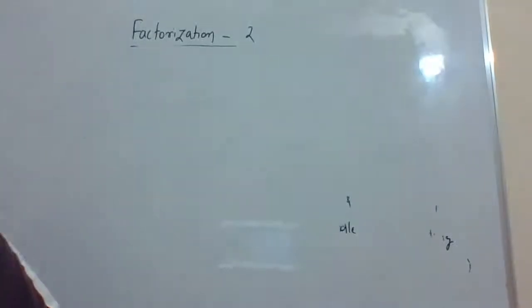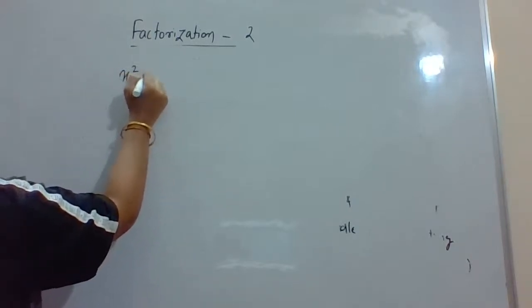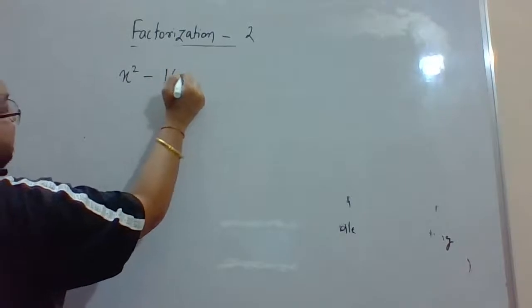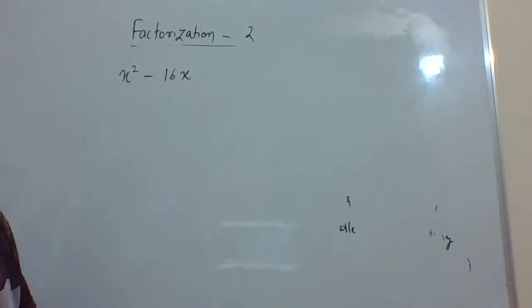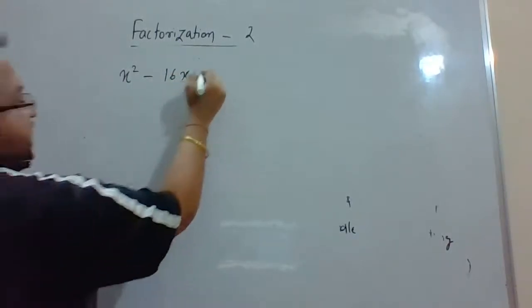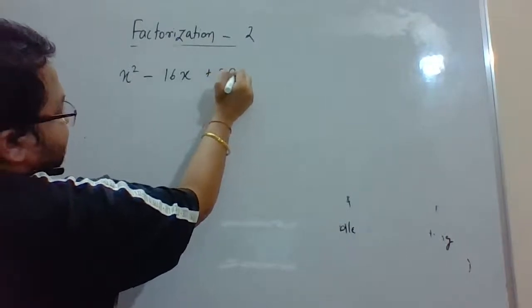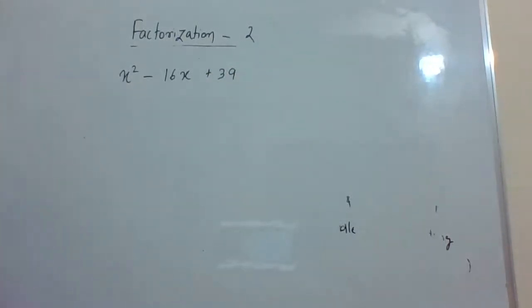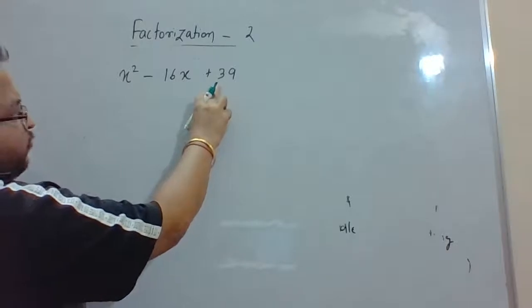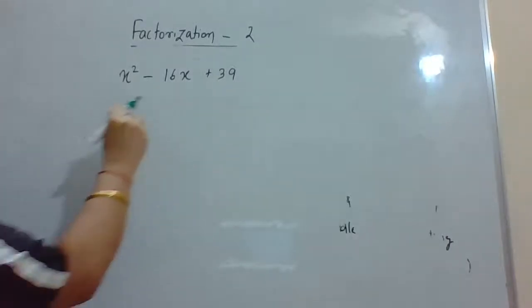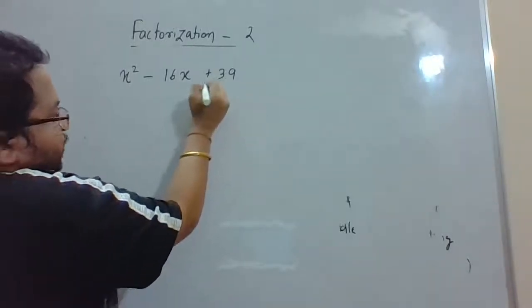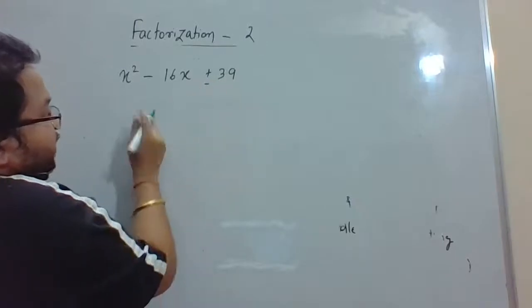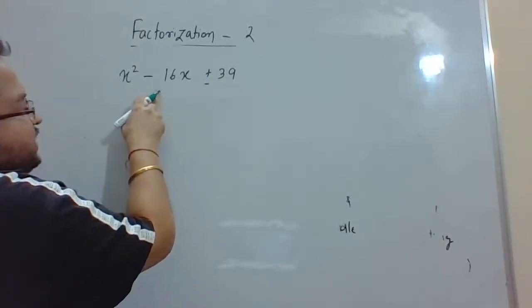So x squared minus 16x plus 39. Now I need to find the factors of 39, and my last term is positive but my middle term is negative.